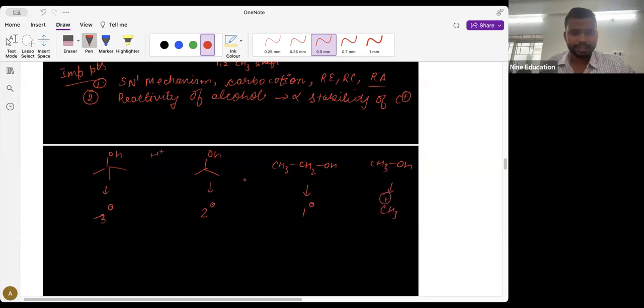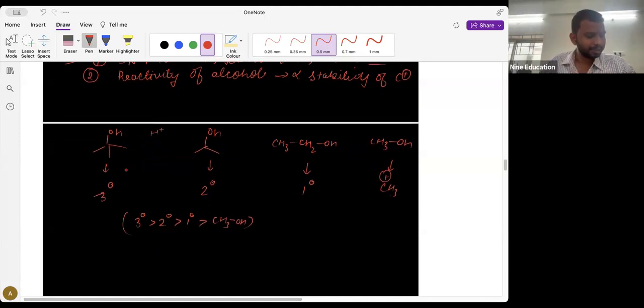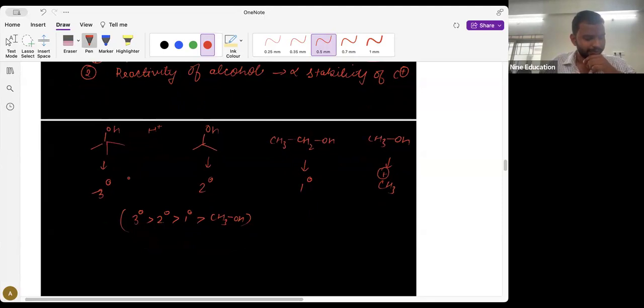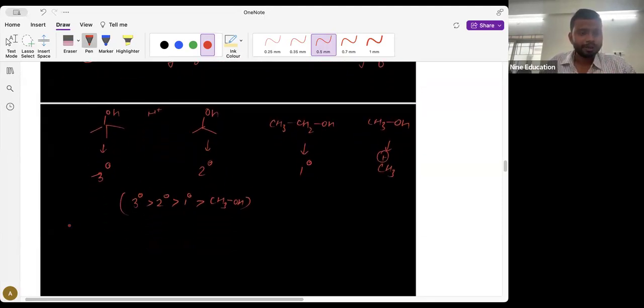So 3-degree will react very fast, then 2-degree, then 1-degree, then CH3OH. So the reactivity of alcohols: 3-degree alcohol reacts very fast, then 2-degree, then 1-degree. Always remember. Second point written.